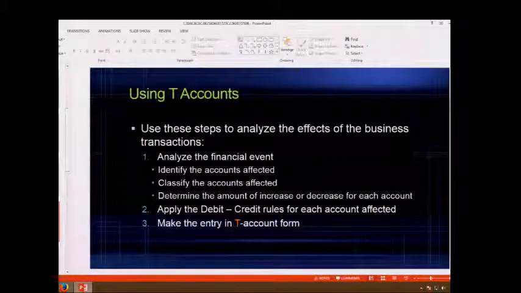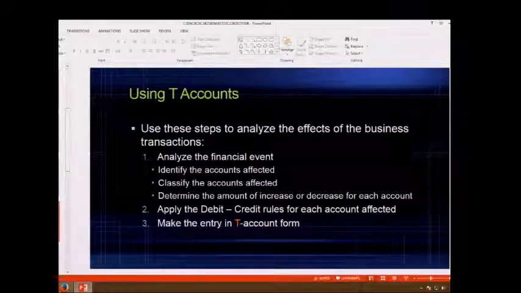So, we reviewed what we did in chapter 2. Now we're going to look at how we're going to do chapter 3. We're going to use T accounts, okay? And it says use these steps to analyze the effects of the business transactions. So now we have added a little bit to it. We're still going to do step 1, analyze the event, exactly the same as what we were doing.